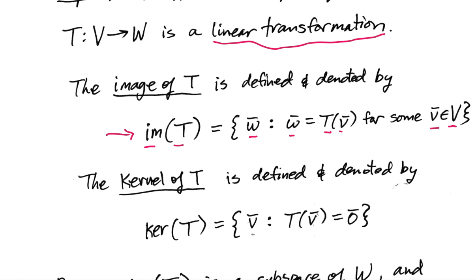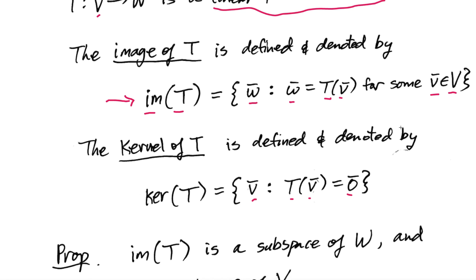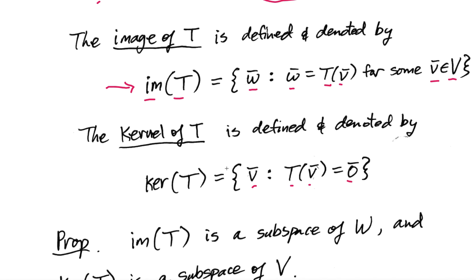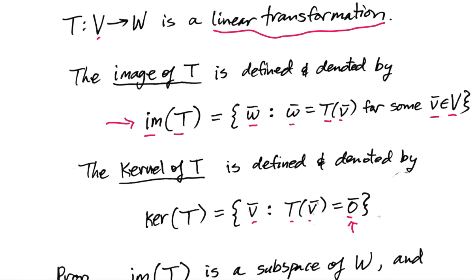So this is a set of all V from cap V such that T acting on V bar gives you the zero vector in W. Okay, but W is actually a subspace of Rn, so that would actually be the zero of Rn. So this is the set of all the vectors in V that get mapped to the zero vector. That's what we call the kernel of the transformation.